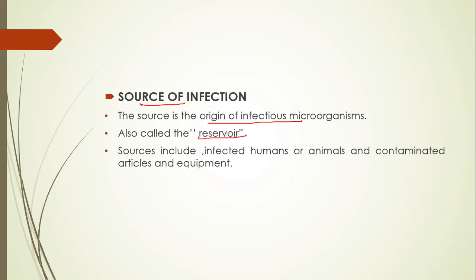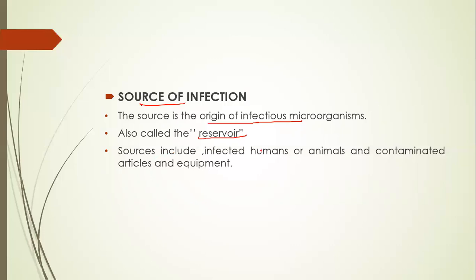The word meaning of reservoir is a place where an agent can survive for a long period of time. It can store that kind of microorganisms. So reservoir is another term for source of infection.